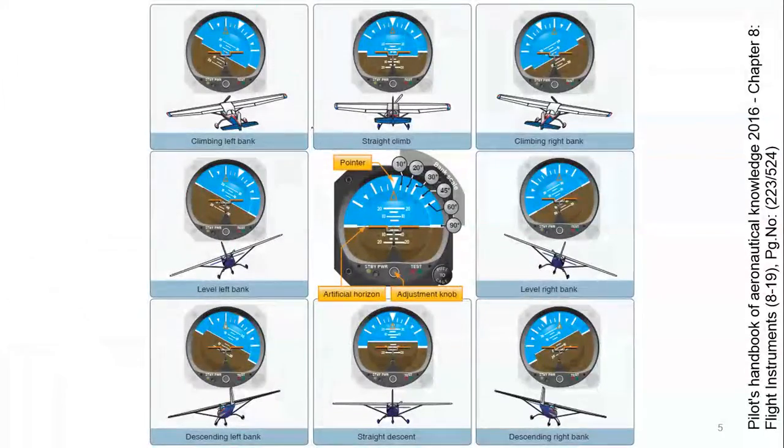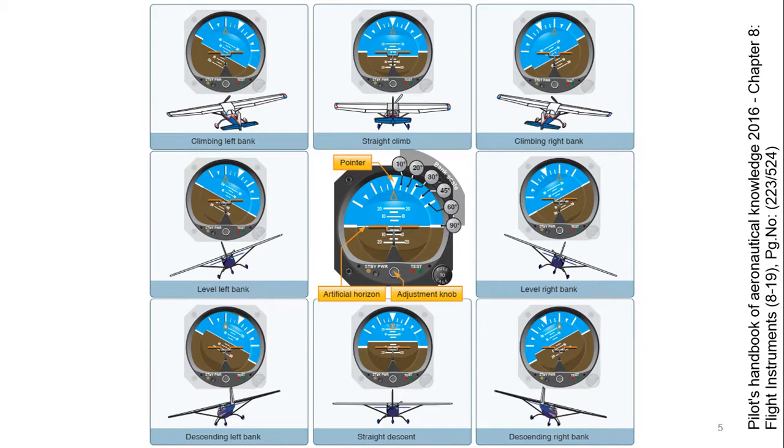Now here is the artificial horizon attitude indicator in an actual diagram. This particular line which we see is the artificial horizon. We can see it is perfectly aligned with the aircraft. This orange marker is the aircraft, and it is in steady and level flight. So here we see the artificial horizon, and if it is in level and steady flight, it is perfectly matching with the artificial horizon.